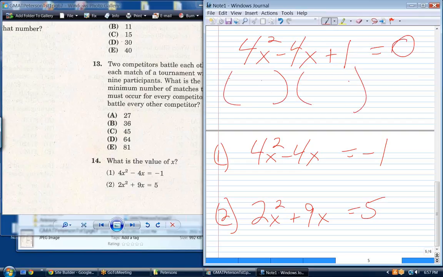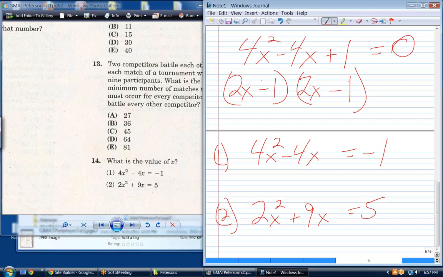Now it's 2x, sorry, it's not necessarily 2x. It could be 4x and x, but let's try the simplest one first. And then 4 and 1. Not 4 and 1, 1 and 1. Remember, we're looking for factors of 1.